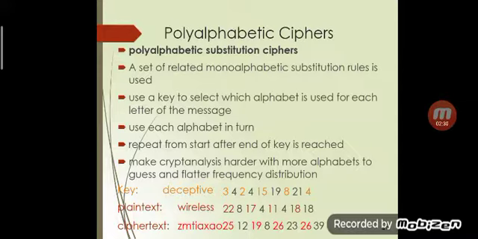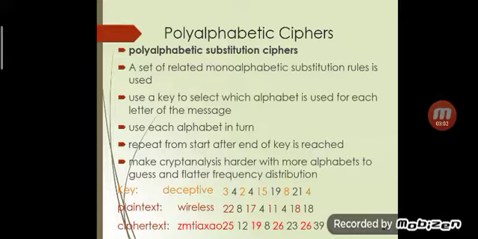We have a total of 26 alphabets, so we can write all 26 alphabets on a page and number them from 0 to 25. We provide the number 0 to letter A and the number 25 to letter Z.